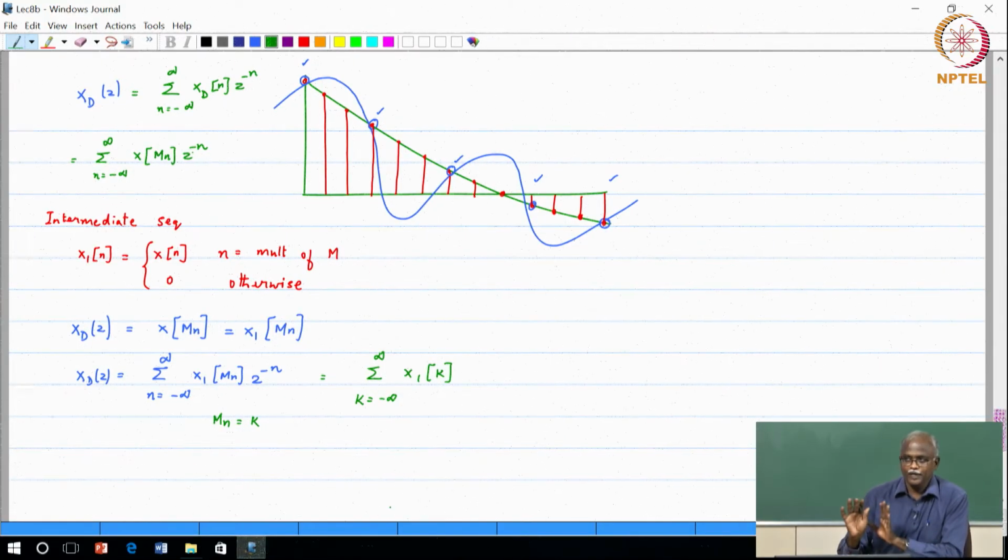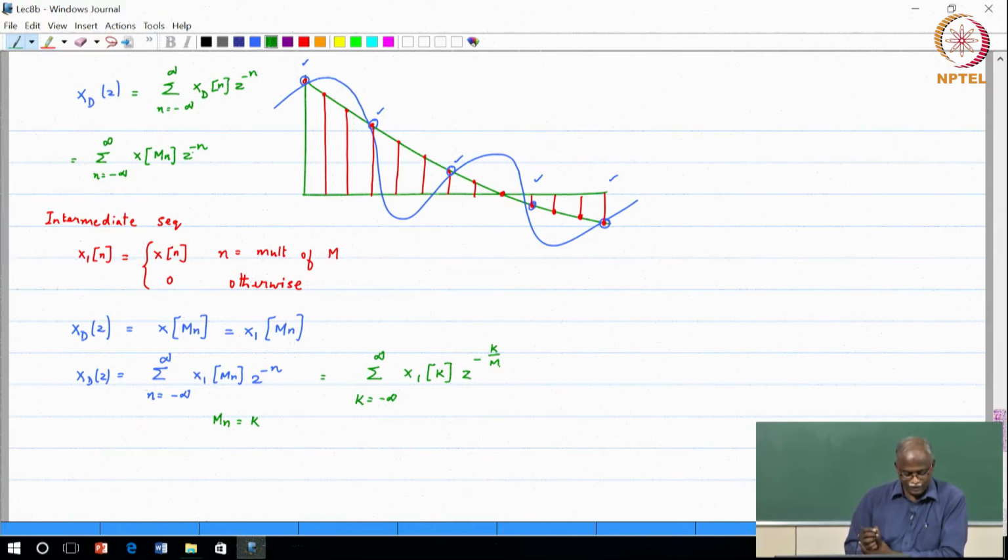Now you may say, wait a minute, because the previous summation took only the multiples of M. Now you are saying I am going to run over all the values. I did not lose any information, because notice that x1[n] has zeros at the other points. I can run my summation over the entire set of indices. So this is very, very important. This step is important. If I am running my summation over this variable k, which is equal to Mn, then z^(-n) will come out to be z^(-k/M).